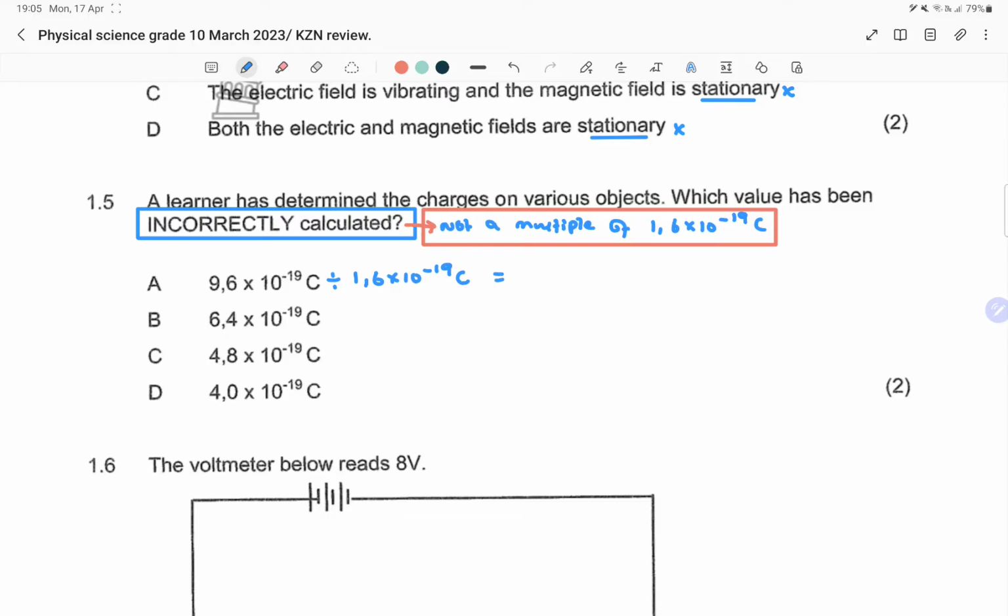And let's see, of course the coulombs will cancel. So it's 9,6 times 10 to the minus 19 divided by 1,6 times 10 to the minus 19. So we're getting 6. So because this is a whole number, this means this number is a multiple of this. Therefore, it's not the correct answer because we don't want the correct value. Now let's do the same here.